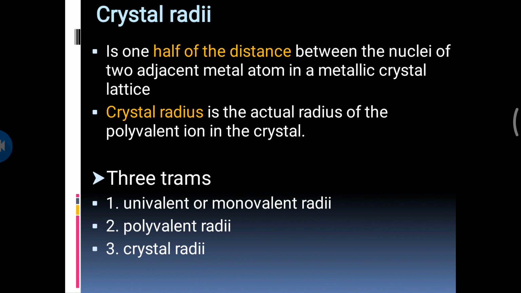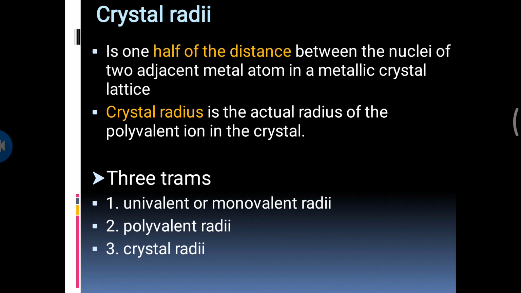Crystal radius is the actual radius of a polyvalent ion in the crystal. First you should know the different terms such as univalent radii, monovalent radii, polyvalent radii, and crystal radii. These terms are most important.